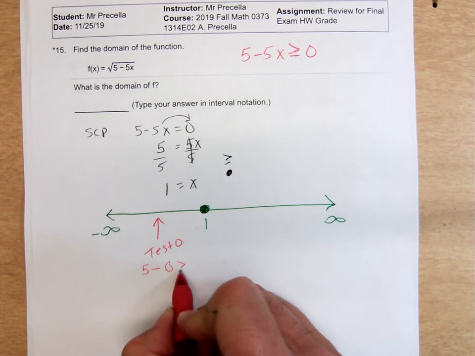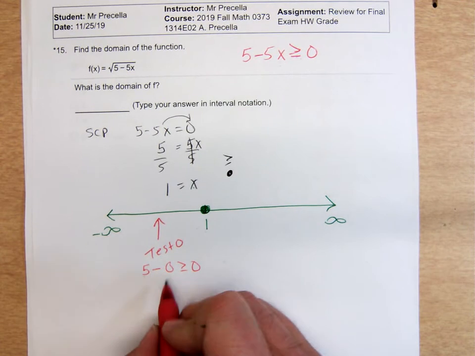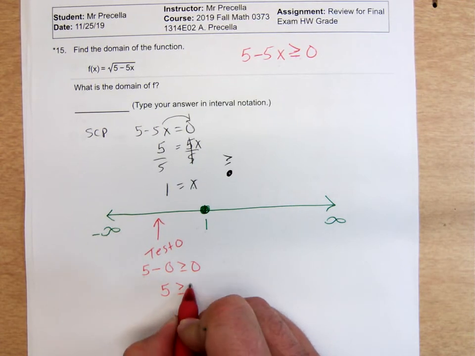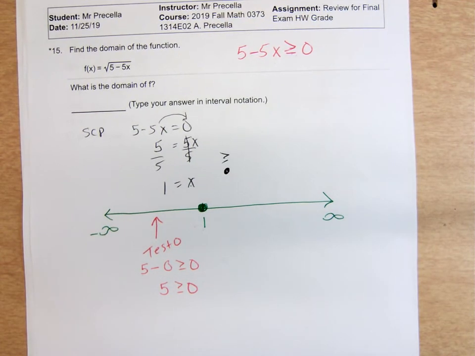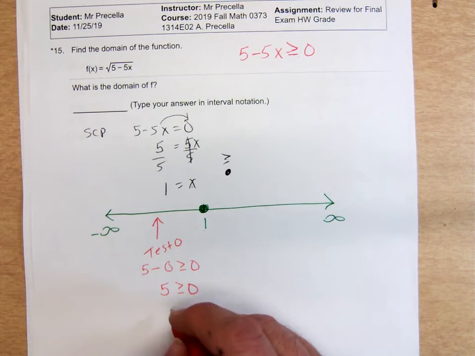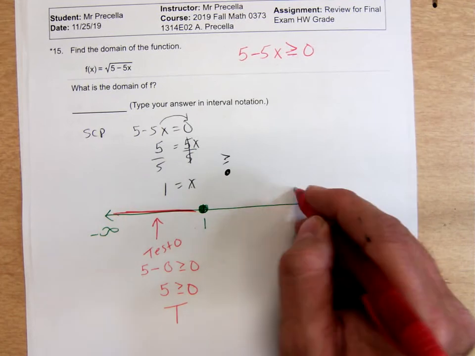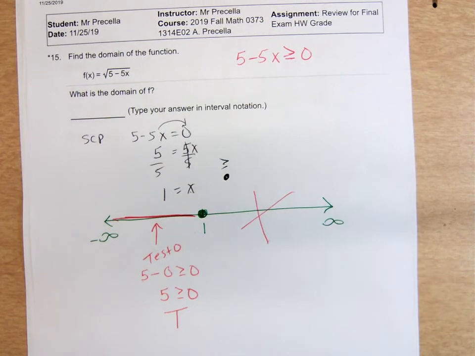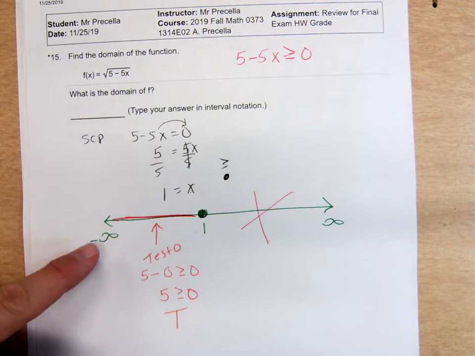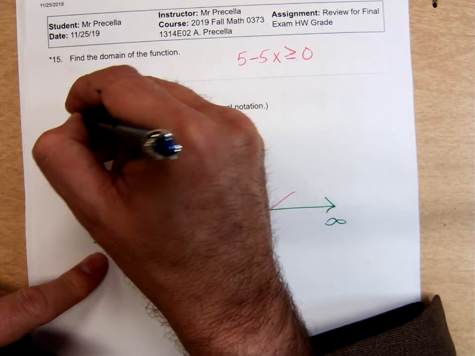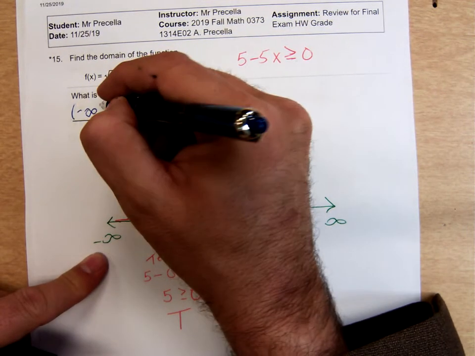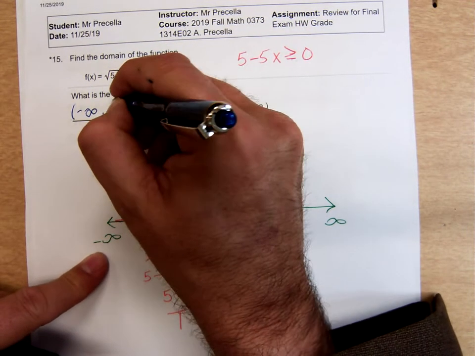So 5 minus 0 is just 5. 5 greater than or equal to 0, is that true or false? That is true, isn't it? So true. This one wasn't multiple choice. You got to type it in. So what would I type in? Parentheses, negative infinity, comma 1, square bracket.